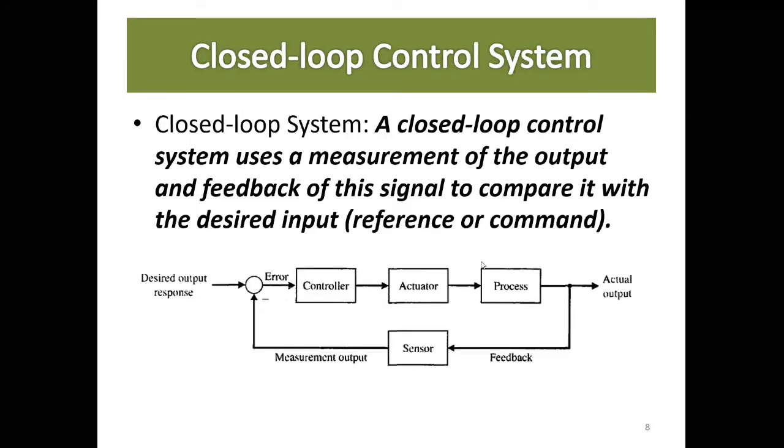And here is the closed loop control system. A closed loop control system uses a measurement of the output and feeds back this signal to compare it with the desired input, reference or command. The difference between the open loop and closed loop system lies in the feedback.